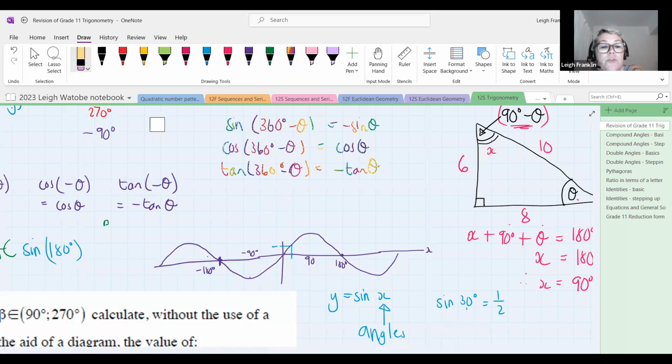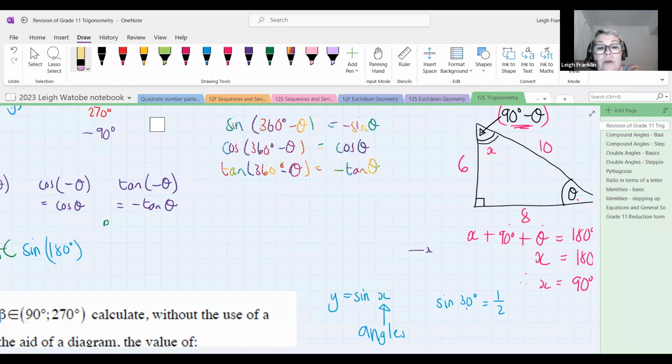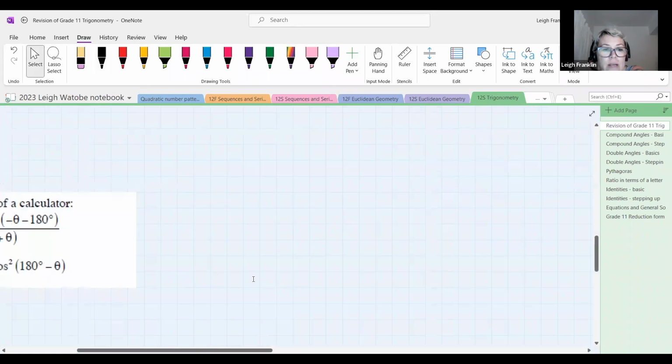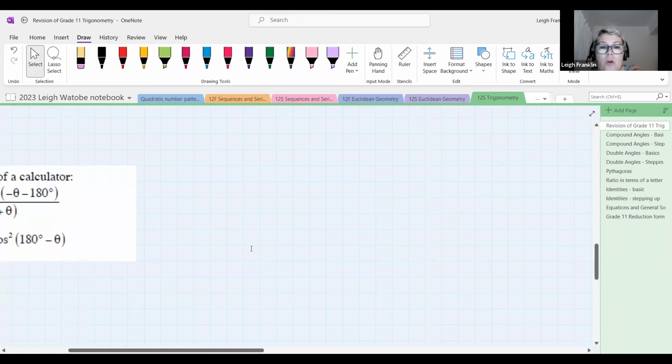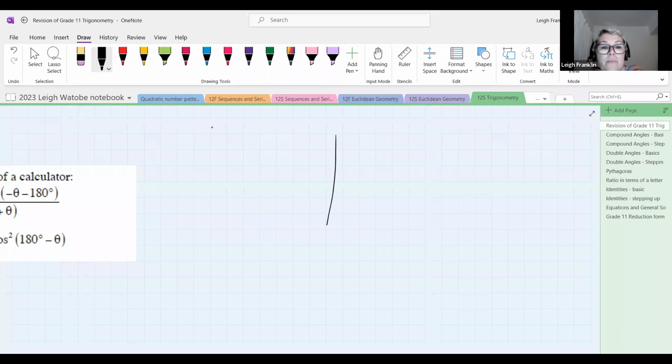What I was trying to explain to you here is that when we look at trig graphs, they are related to what we are seeing on the Cartesian plane. Let me go down here. When you look at the Cartesian plane, we have 0 here, 90 here, 180 here and 270 here. That is one perspective.